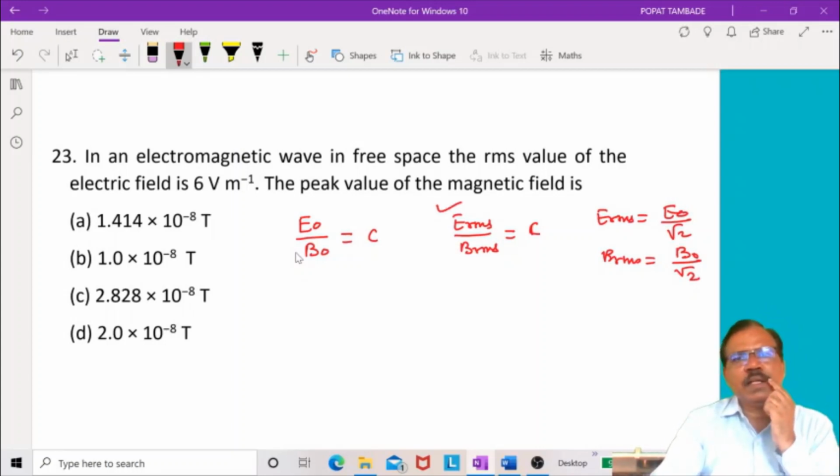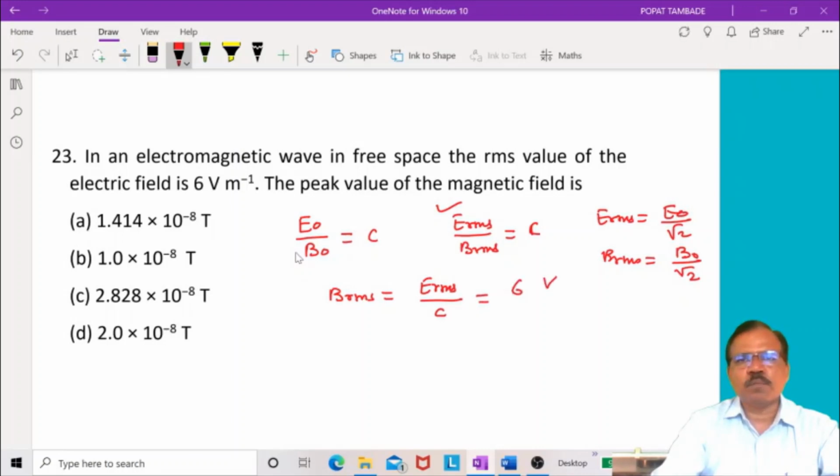So we can write B RMS is equal to E RMS upon c. So E RMS is 6 volt per meter divided by 3 into 10 raised to 8.